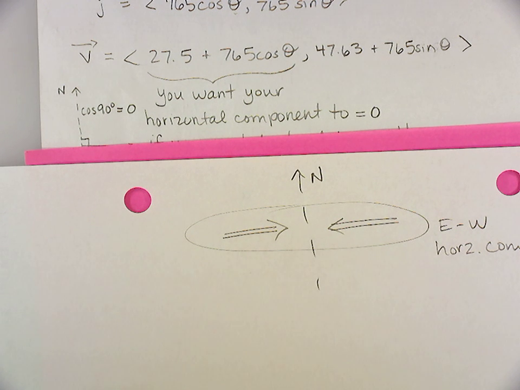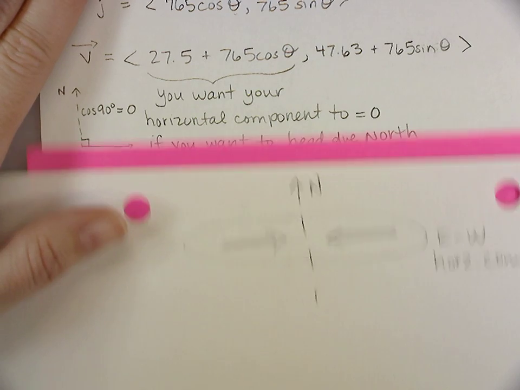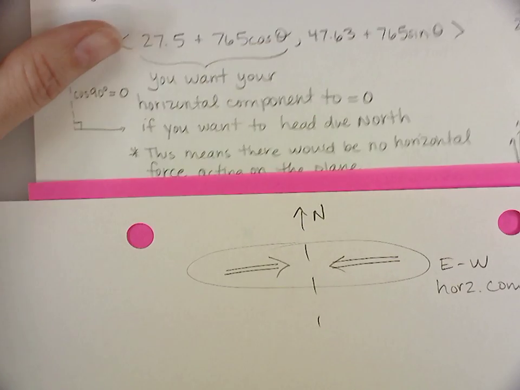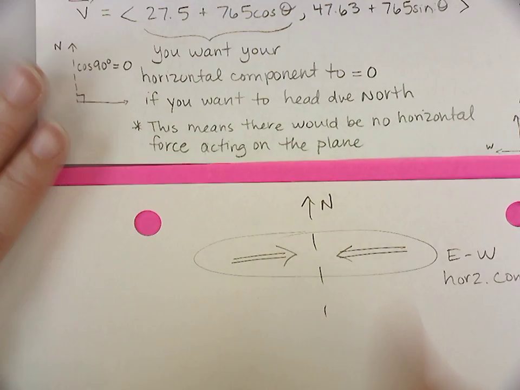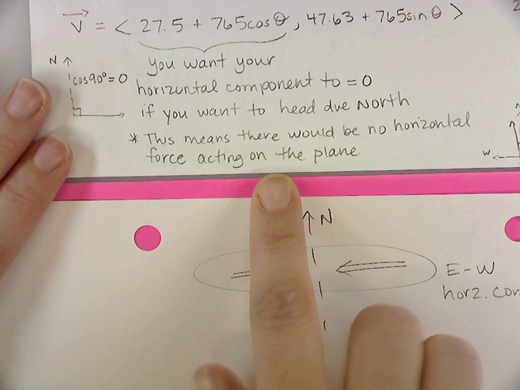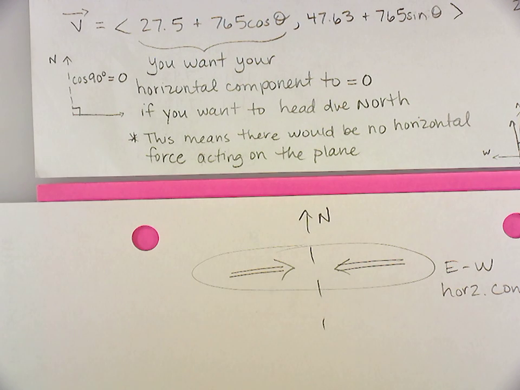So that might be something good to write down: you want your horizontal component to be 0 if you want to head due north, because then there'd be no horizontal force acting on the plane.